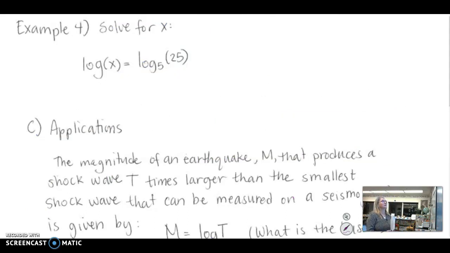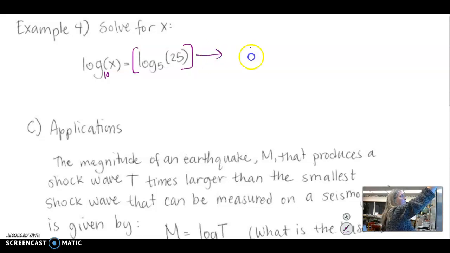All right. Next one. You'll have problems like this in your homework. The log of x is equal to the log of base 5 of 25. So this base right here is a 10. And let's figure out what this is over here. What is that equal to? So we can use one of our identities.